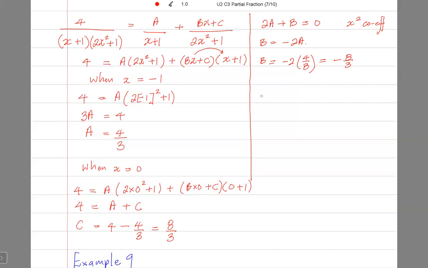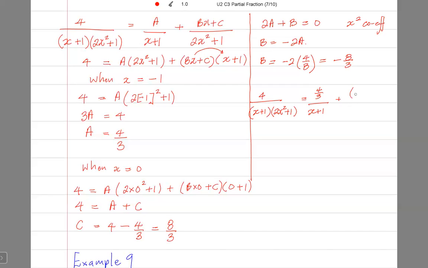I can now say that 4 over x plus 1 into 2x squared plus 1 is equal to a, which is 4 over 3 over x plus 1, plus b. What is b? So let us put the plus for the time being.